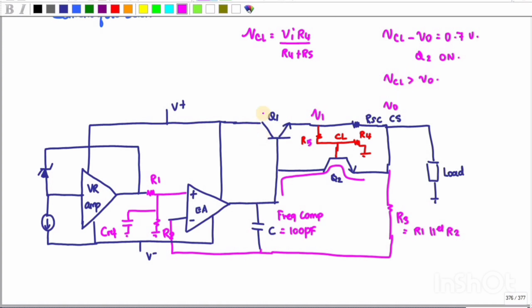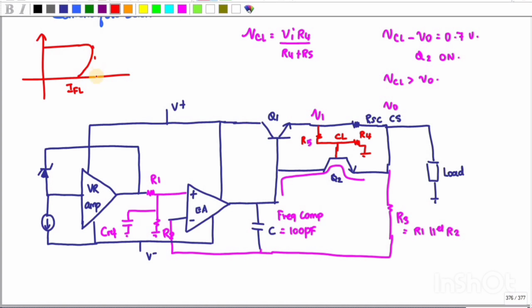Since Q1 is off, V0 starts to reduce, thereby the VCL value is greater than V0, which will keep my Q2 transistor in the on state only. So if you see the diagram, this is how my IFL will look.